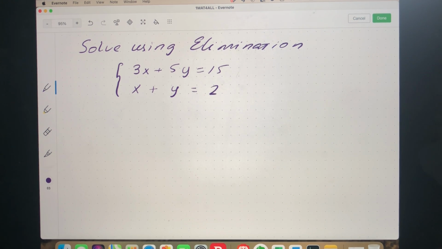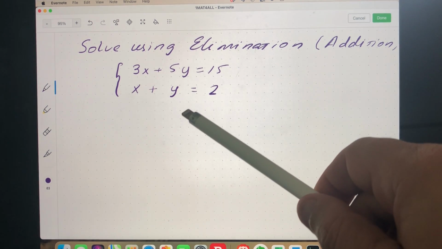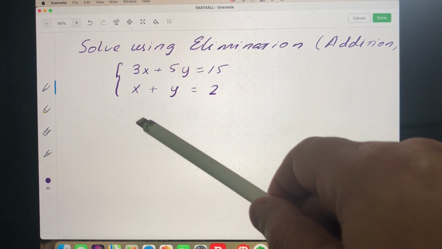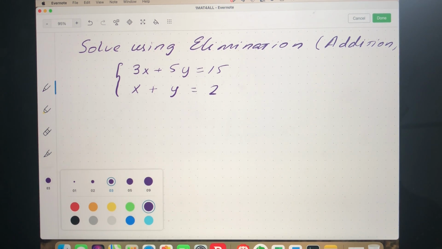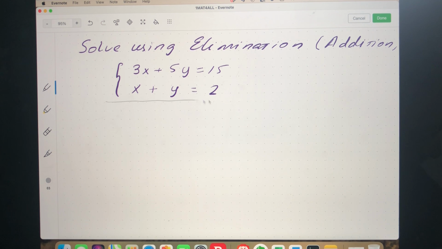So the elimination is also known as addition, because the idea is to add the two equations, but to add them in such a way that one of the variables cancels off. Either the x drops off or the y drops off. And the way it is right now, if we add both equations, nothing will cancel.